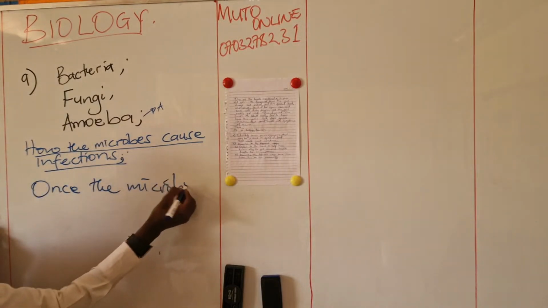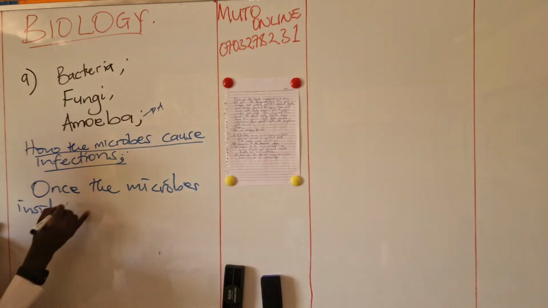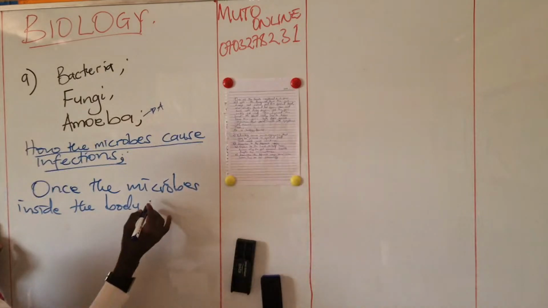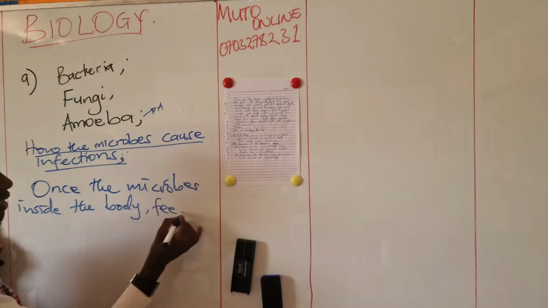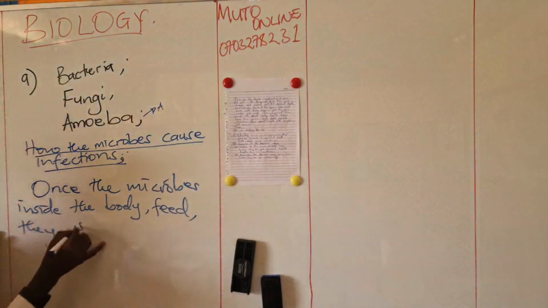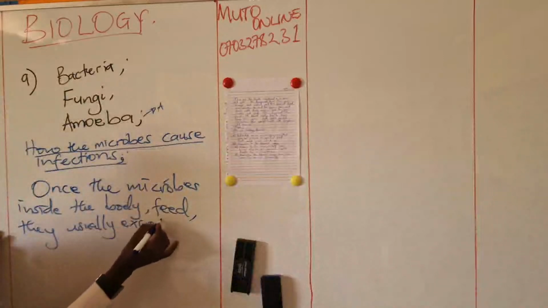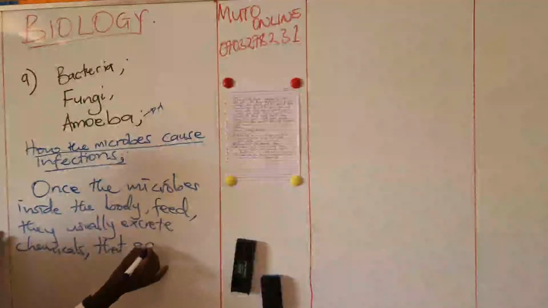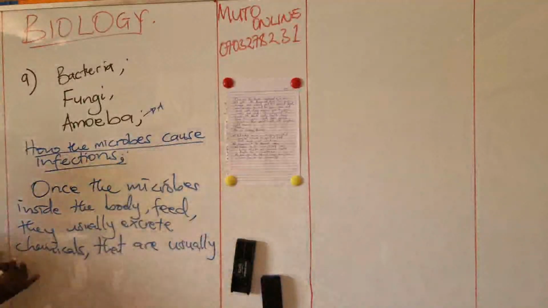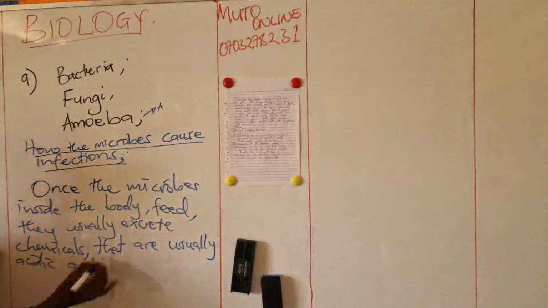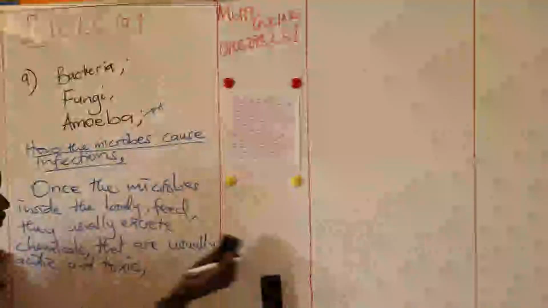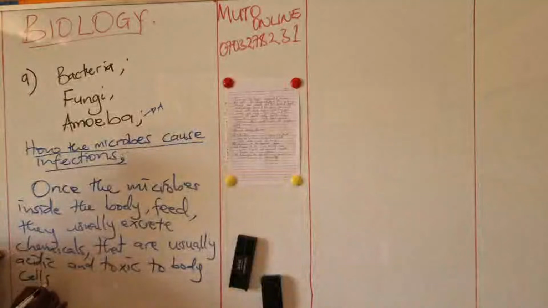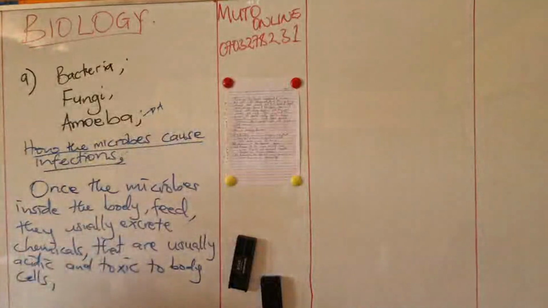So once the microbes inside the body feed, they usually excrete chemicals that are usually acidic and toxic to body cells, tissues, and organs at large.